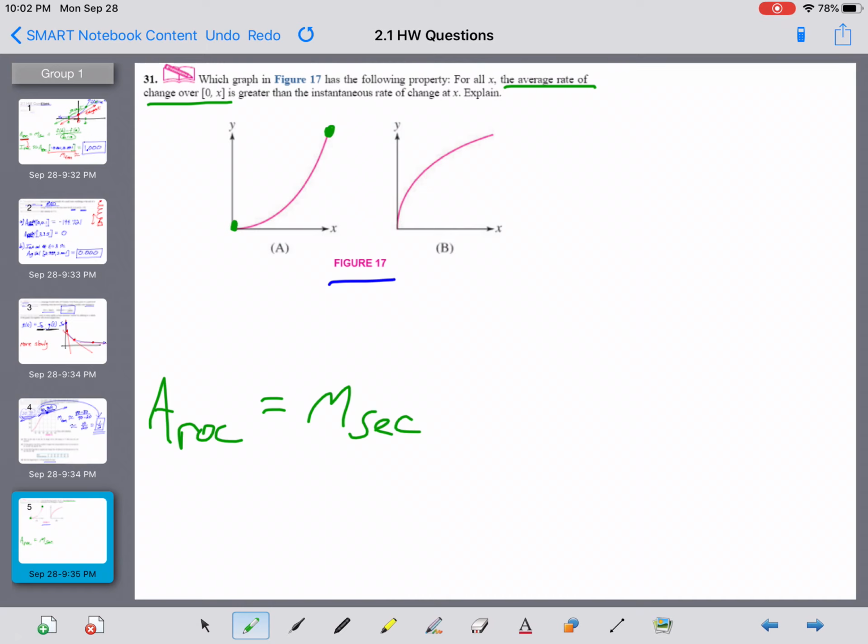So I'm going to go ahead and draw the secant line right there. Then in the second one, we're looking again at a secant line, starting at 0, ending at some random value x, and we're going to draw the secant that goes through those 2 points as well.